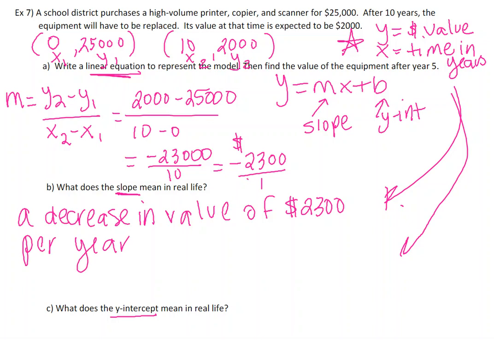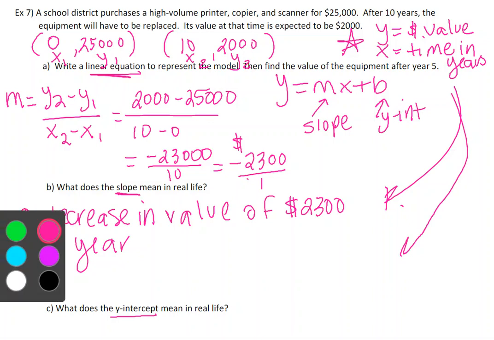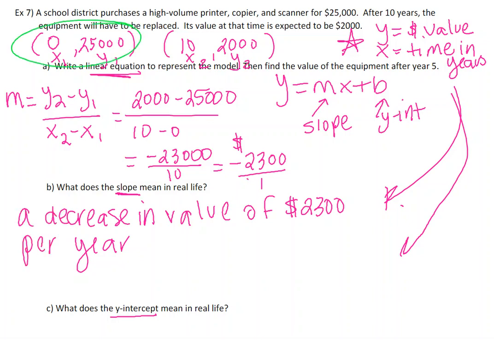But I'm not done. I need to find my y-intercept. And if you remember about y-intercepts, a y-intercept is the place on the line where the x coordinate is 0. Well, look at you. You already have it. Hooray. So I don't really even have to do any more math. I just need to write my equation plus my brand new 25,000.